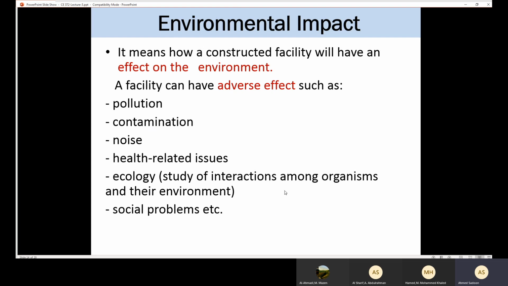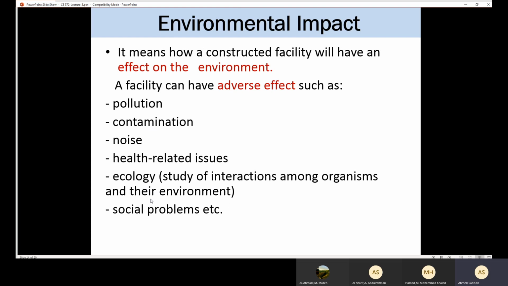Ecology means the interaction among organisms and their environment. For example, if you want to construct a dam, the dam is going to affect the interaction between different animals and different organisms. And sometimes it is going to change how much rain is applied to a certain area.